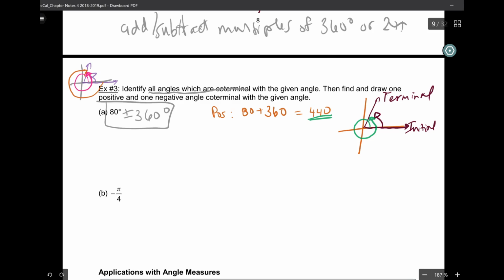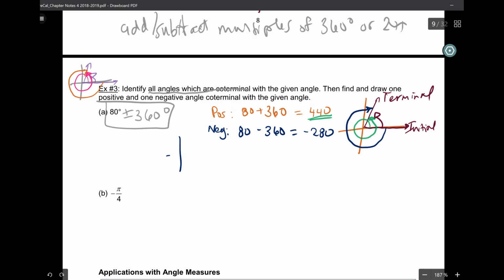The negative one would look something like this. So we have 80 minus 360. That would be negative 280 degrees. So I start at the initial and I go around to the terminal. So hopefully you can see the colors and you can see the difference.